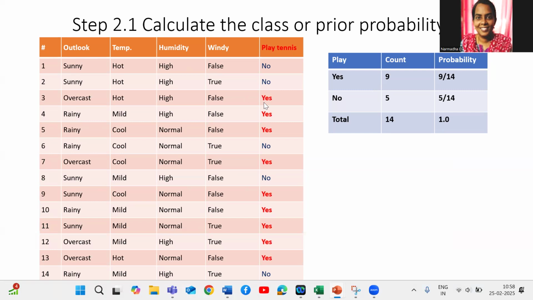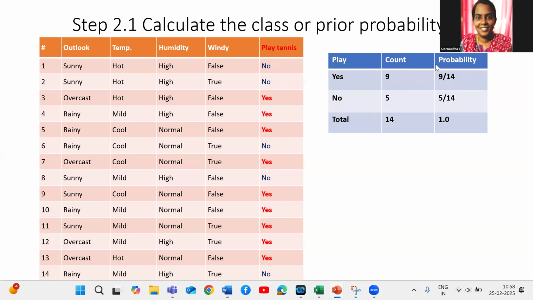For that, the target class is play, and then we count probabilities. Play has two outcomes, yes and no. How many yes? 1, 2, 3, 4, 5, 6, 7, 8, 9. Out of 14 evidences, on 9 days they have gone out and played.